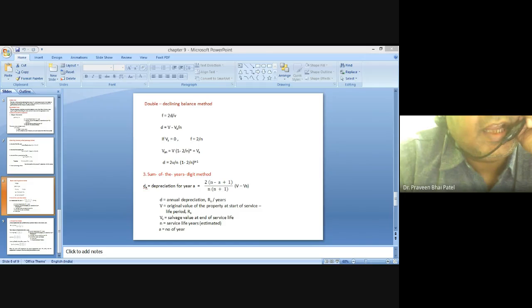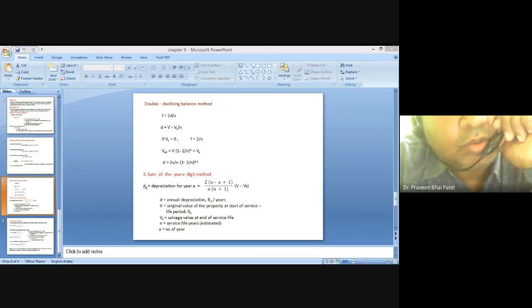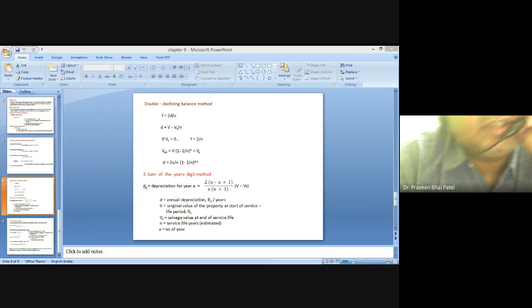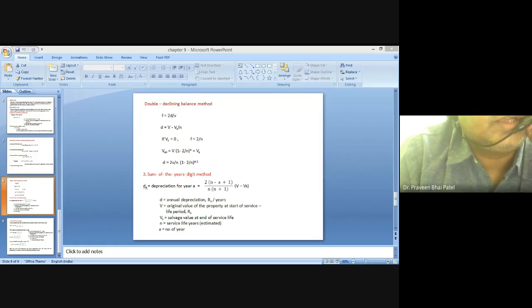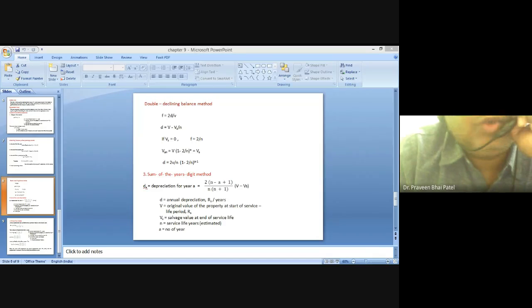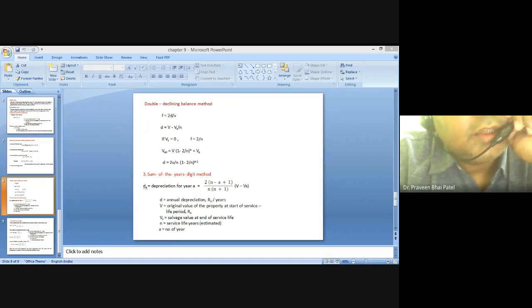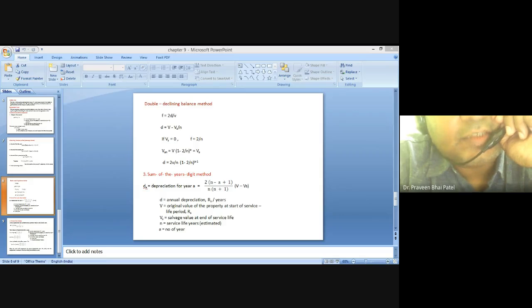The double declining method, also known as DDB, is an accelerated depreciation calculation used in business accounting. It is used in business accounting. The DDB method depreciates an asset twice as fast as the traditional declining balance.